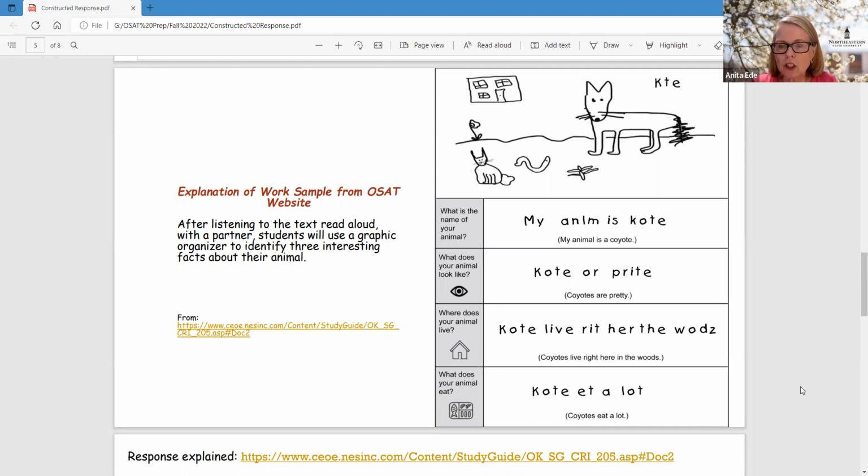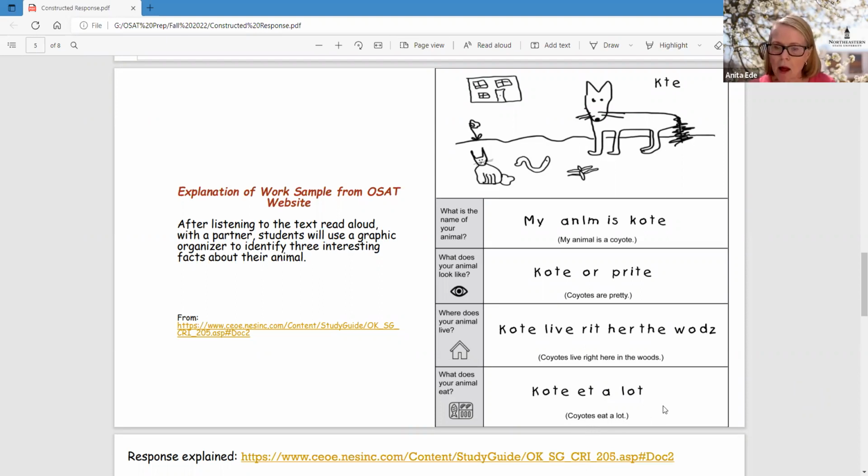When it says, what does your animal look like? Coyotes are pretty is an inadequate response because they covered what animals, and specifically coyotes, looked like in the reading material.